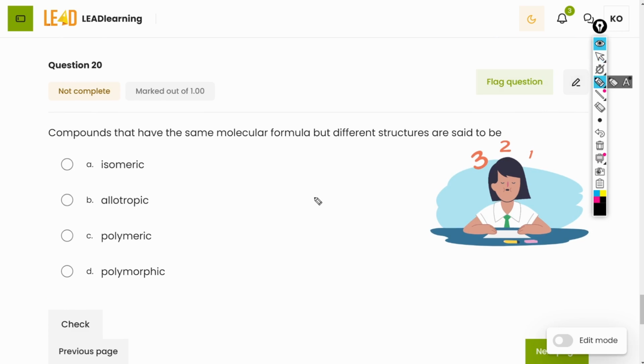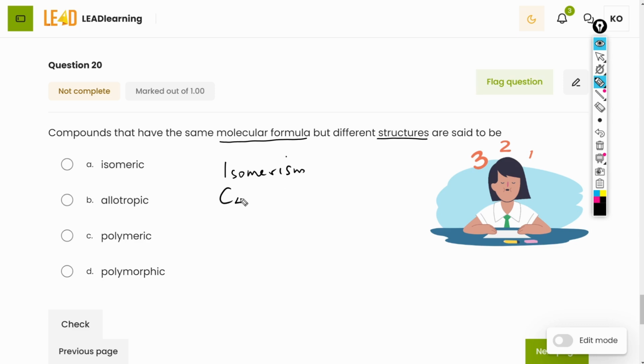Question 20. Compounds that have the same molecular formula but different structures or structural formula are said to be. Now, there is a concept called isomerism, where these compounds have the same molecular formula.